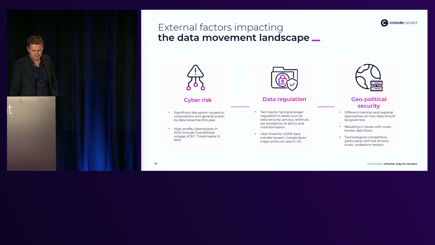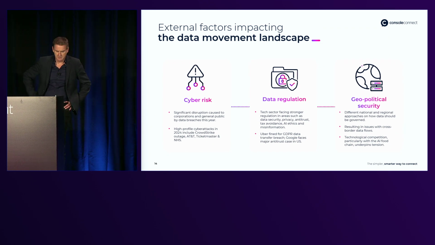Some key external factors here are influencing the whole landscape as well. So the whole area of cyber risk, there are some examples there of key breaches that have happened. We're all familiar with these, all too familiar, particularly over the last year or two. We've had some big ones.